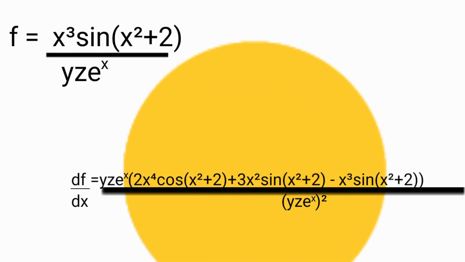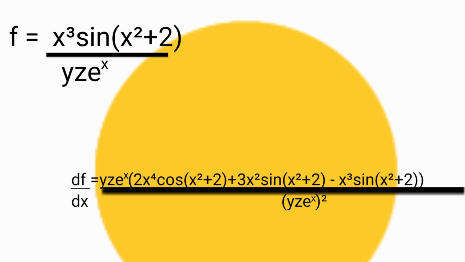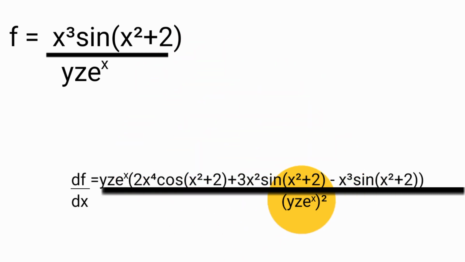Here y z exponential x all squared is the same as y z exponential x times y z exponential x.